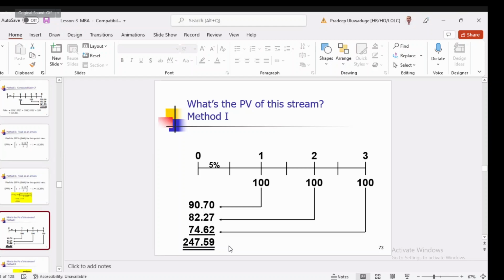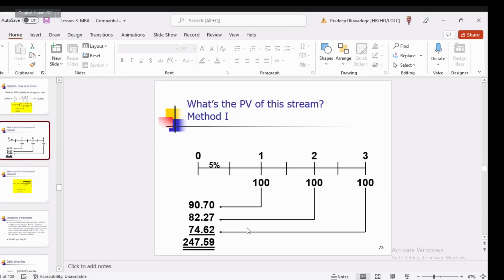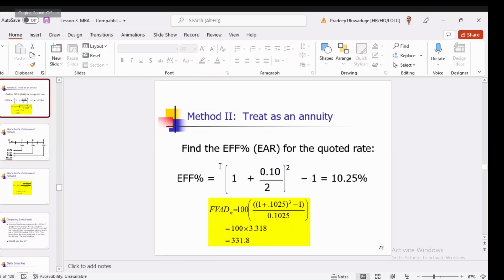This can also be calculated using the present value of an annuity formula. We first calculate the effective interest rate to be used in the annuity formula. It's the same example and the same effective rate, 10.25%.